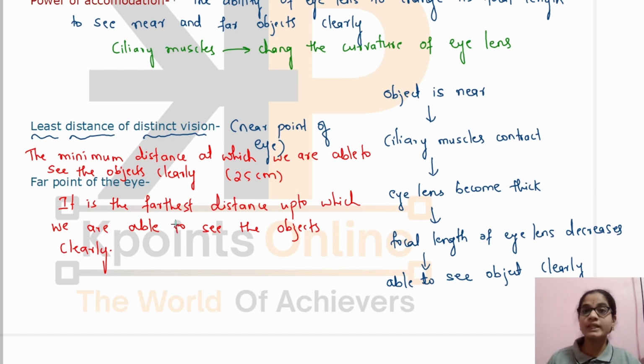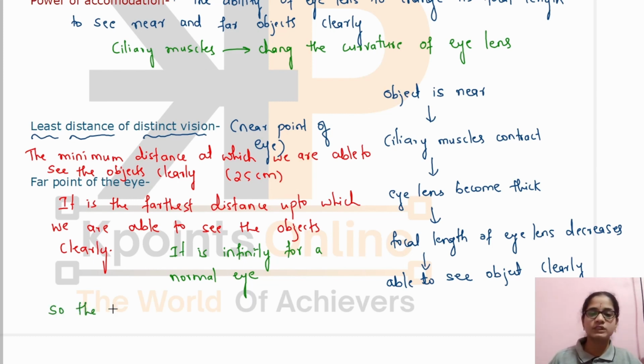And it is found to be infinity for a healthy individual. Means for a young healthy person who has no defect in the eyes, the far point is infinity. So a person with normal eyes can see the objects clearly from 25 centimeter to infinity.